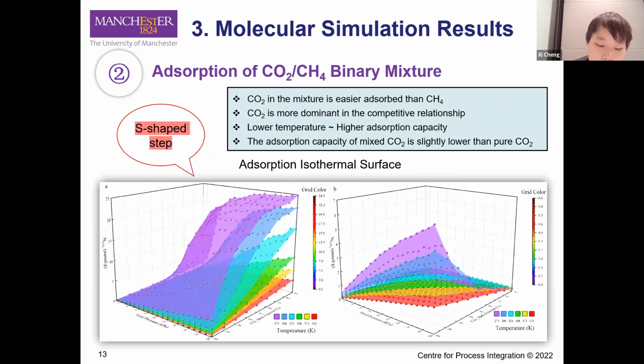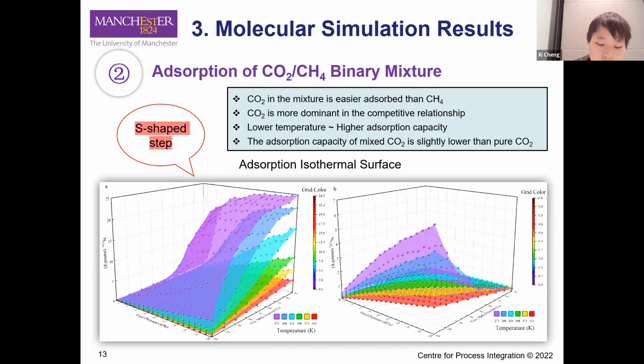The next page shows the adsorption isotherms of the binary mixture. It can be seen that the adsorption capacity of CH4 decreases significantly, while the adsorption capacity of CO2 is only slightly lower than that of pure CO2. From this page, you can see that CO2 is more easily adsorbed than CH4 and still shows the obvious S-shaped step.